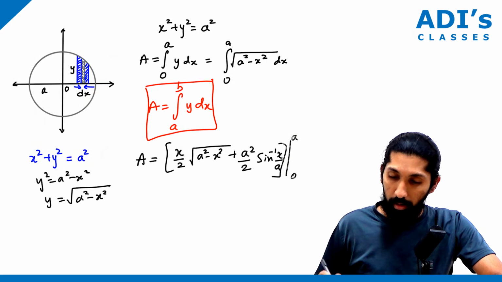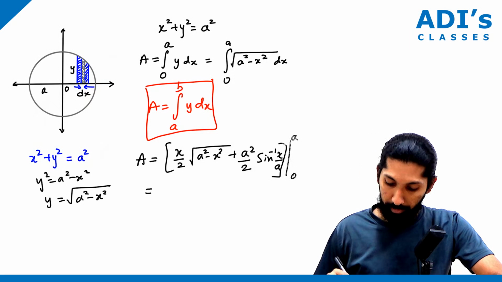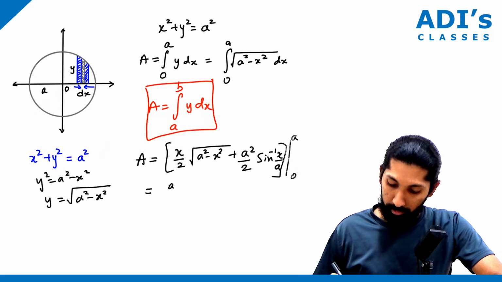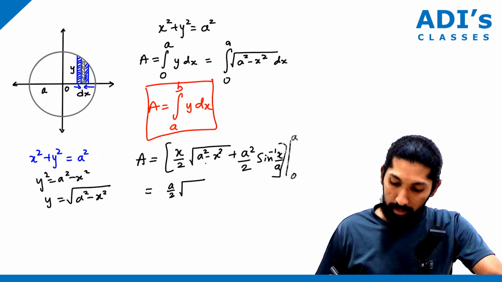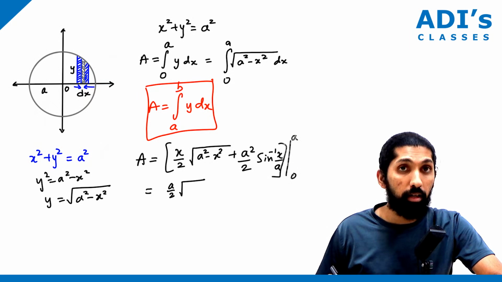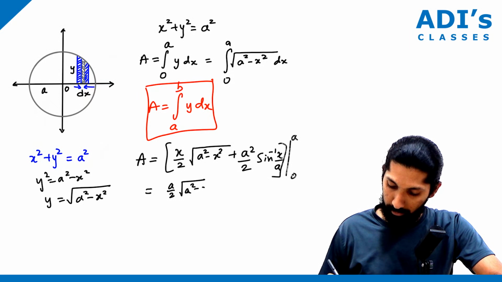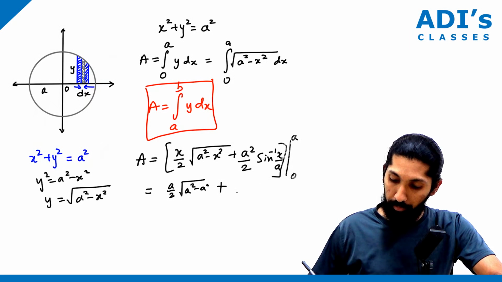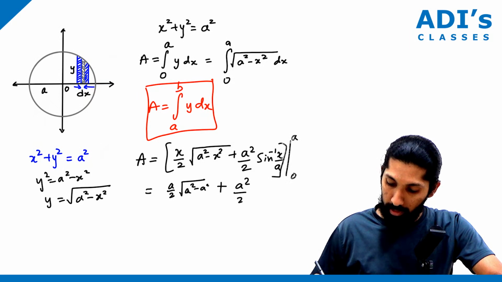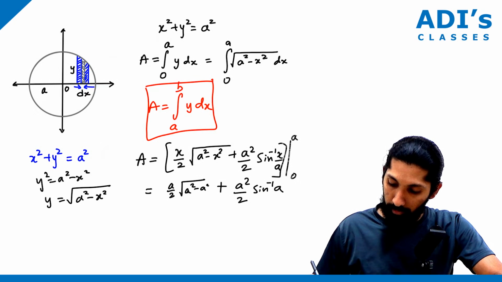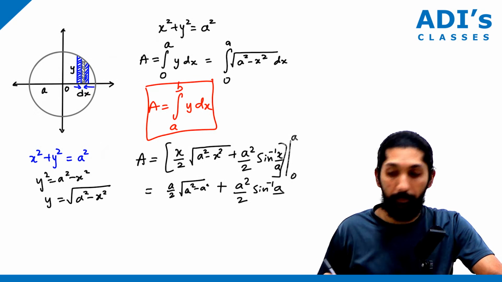Now we apply the values. Very simple. x by 2, which is a by 2 into root of a square minus a square, correct? Plus a square by 2 sine inverse of a by a.